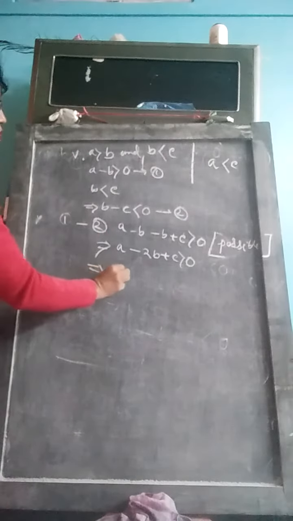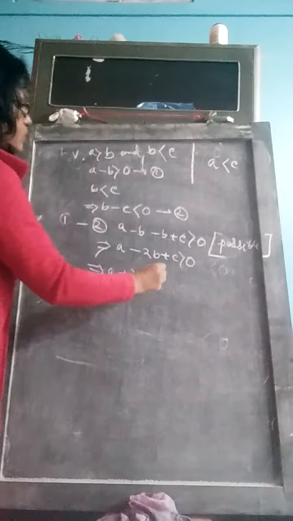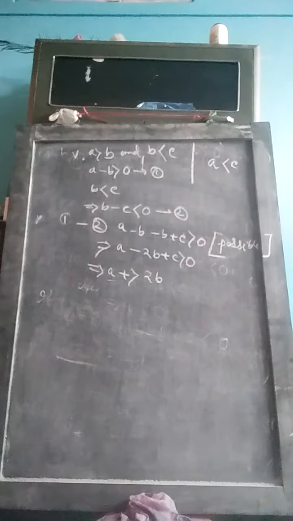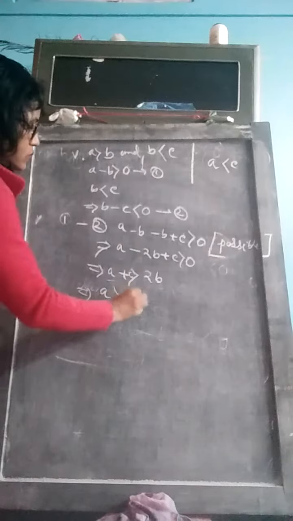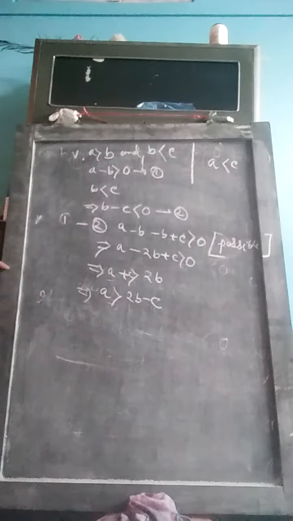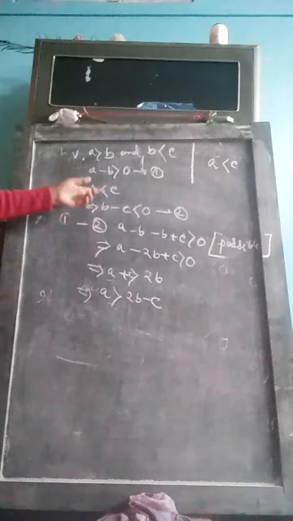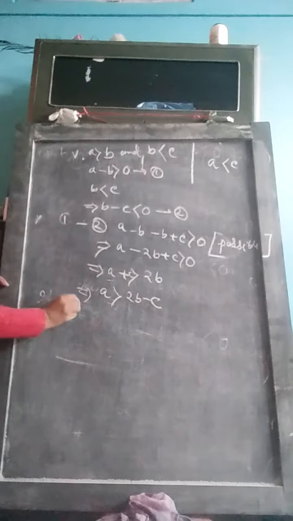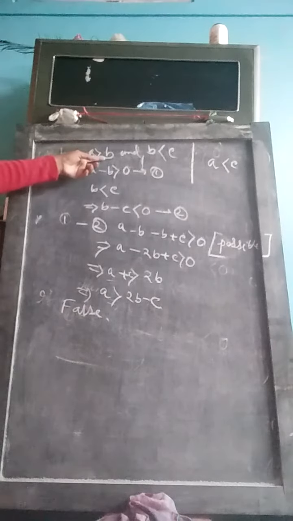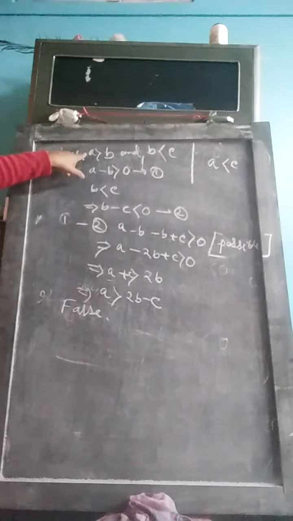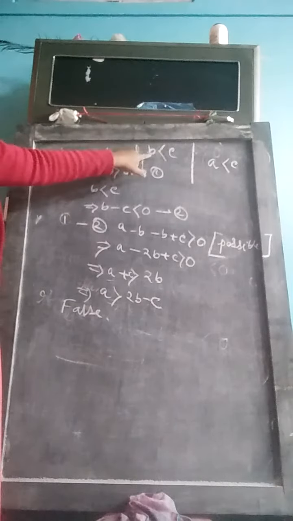Or a plus c is greater than 2b. Or a is greater than 2b minus c. So it is false. If we multiply b by 2, both sides become twice, and b is less than c.